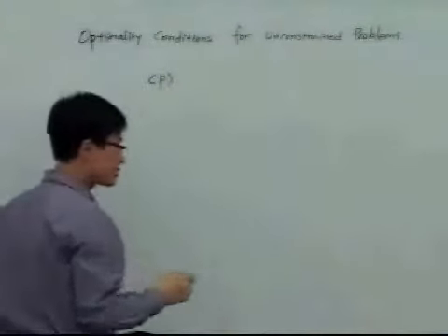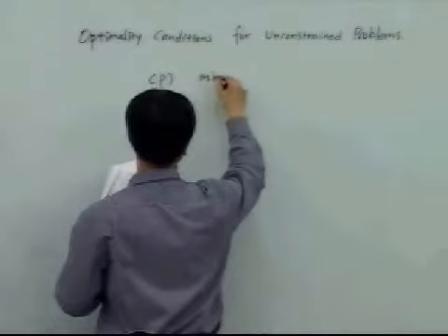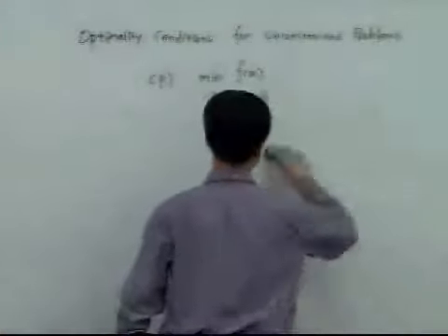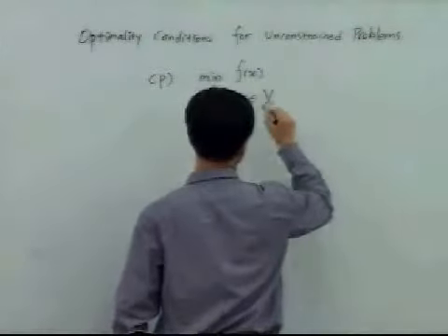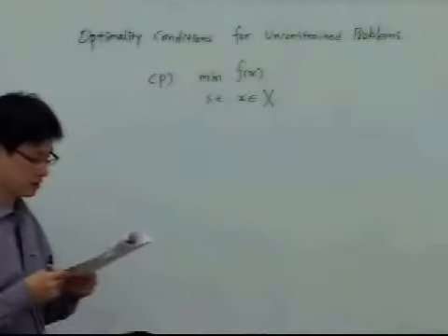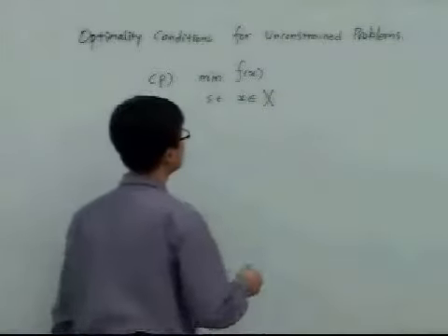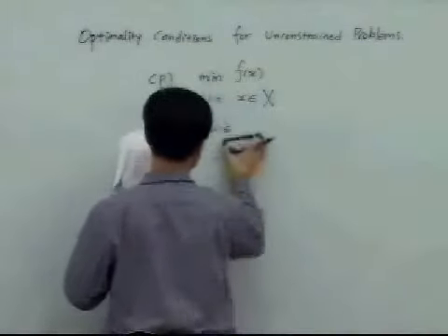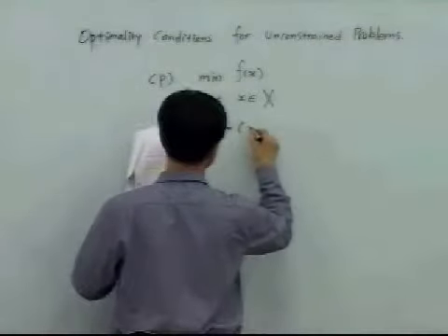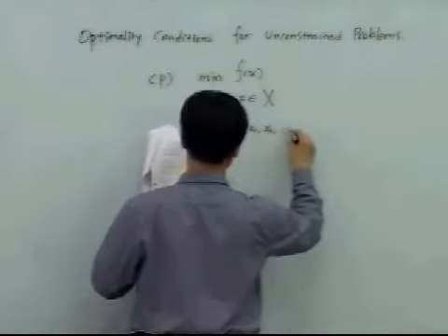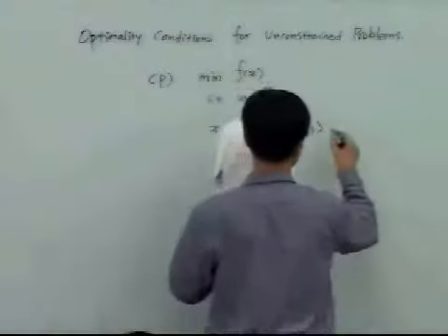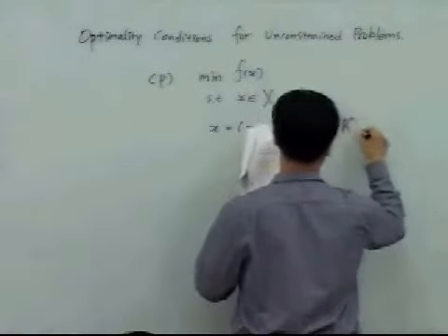Problem P is defined as minimization of objective function such that, sorry, not R. To be more generic, we would like to write some large X where X is, not a sequence, an n-dimensional point.